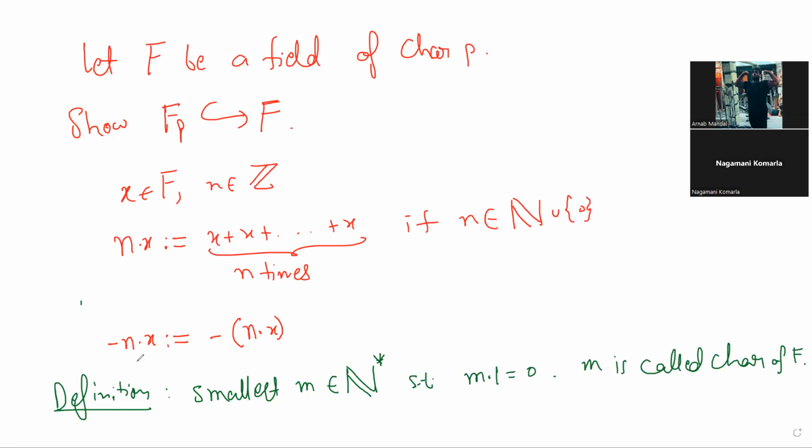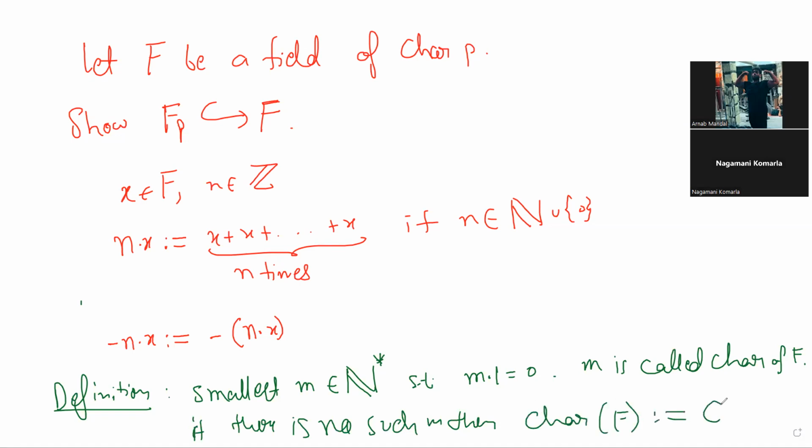If there is an m such that this happens, then this happens. If there is no such m, then the characteristic of F is defined to be 0, which is fine because that's the fallback, because 0 is always there if you allow.